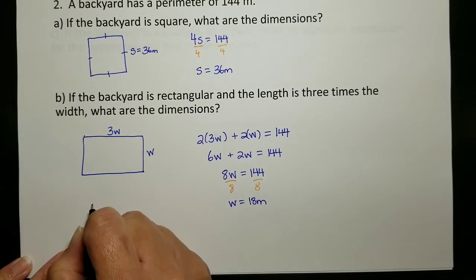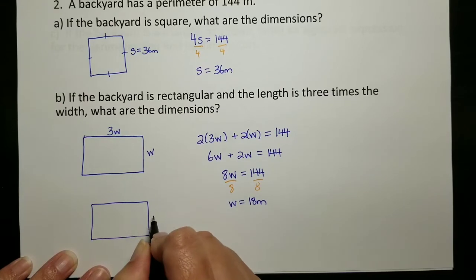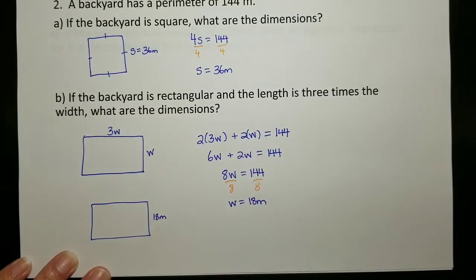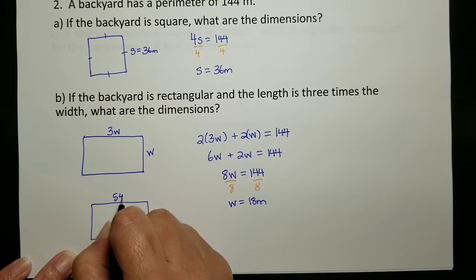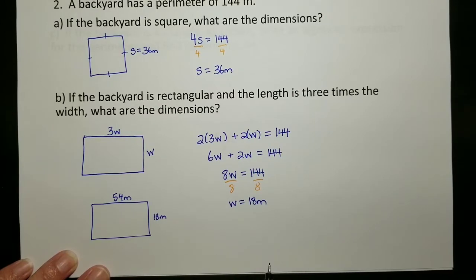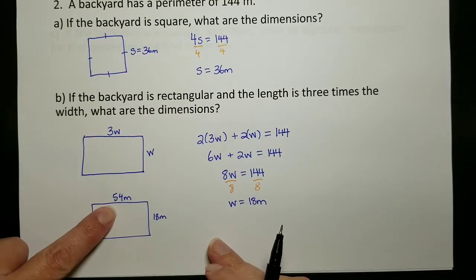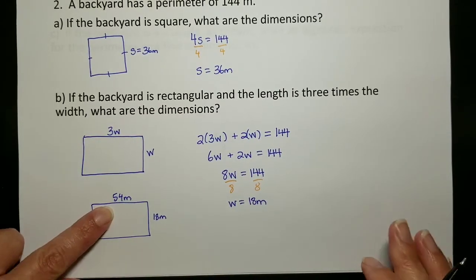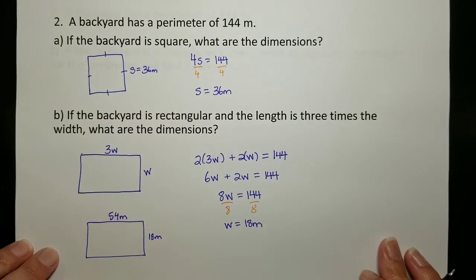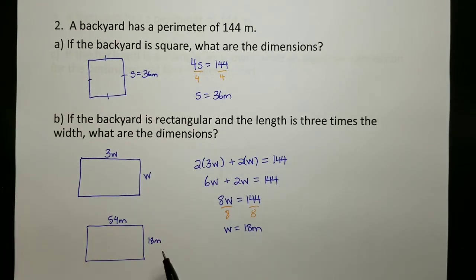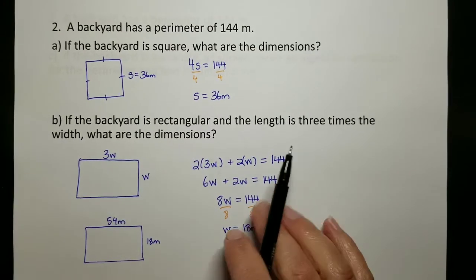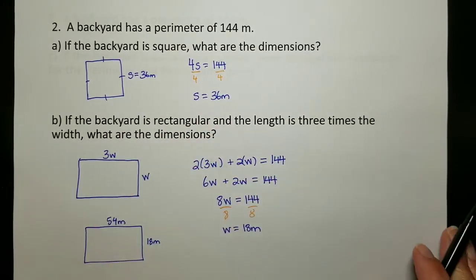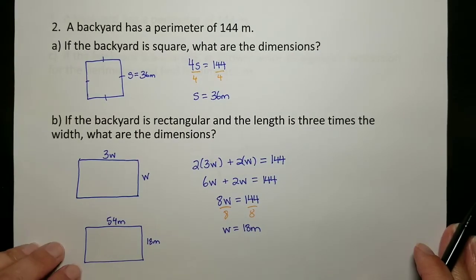Now we would have 18 meters, and then the length there, multiplying that 18 times 3, would be 54 meters. So 3 times the 18 gives me a length of 54. So these backyards both have the same perimeter. One backyard is 18 meters by 54 meters, and one backyard is a square that's 36 and 36 meters.